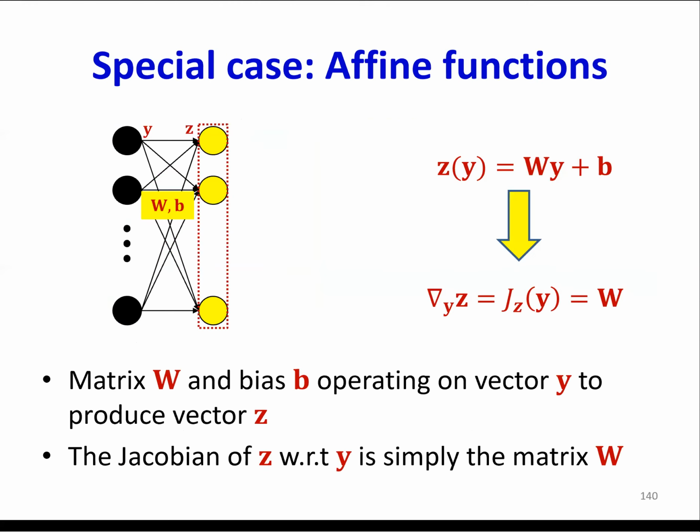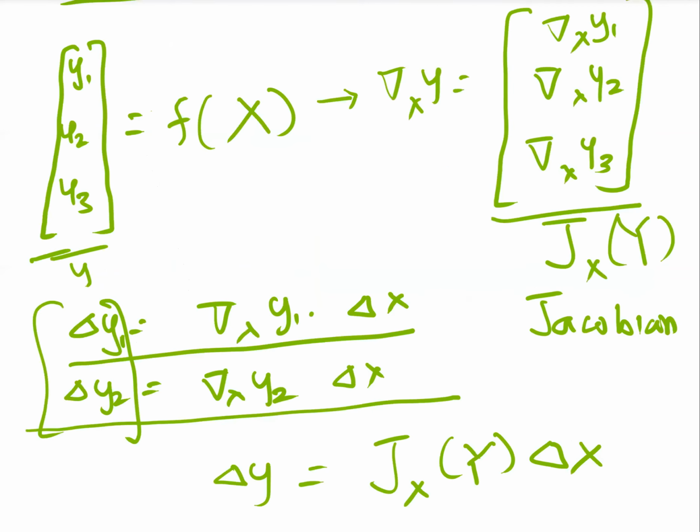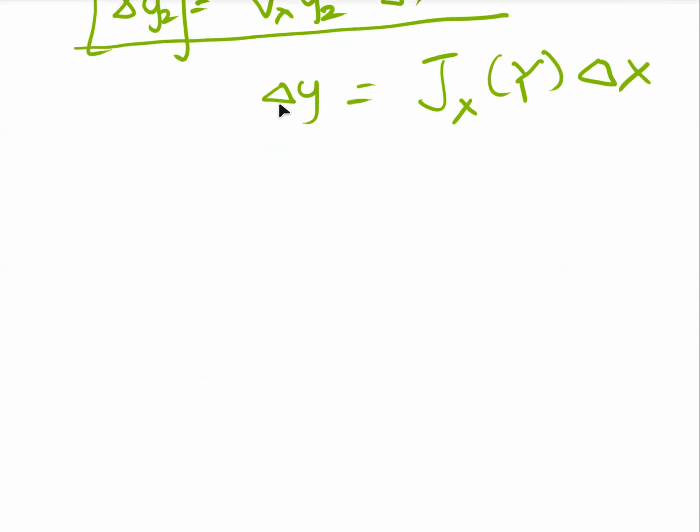Now let's begin talking about derivatives again, right? Suppose I give you, now I'm speaking entirely in terms of vectors, z equals wy plus b. z is a vector, y is a vector, w is a matrix, b is a vector, okay?